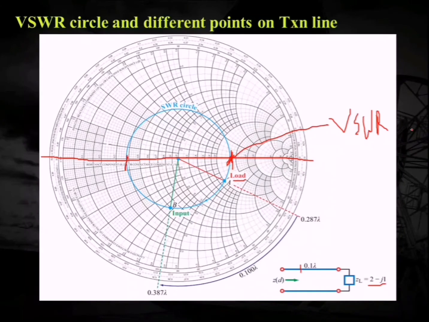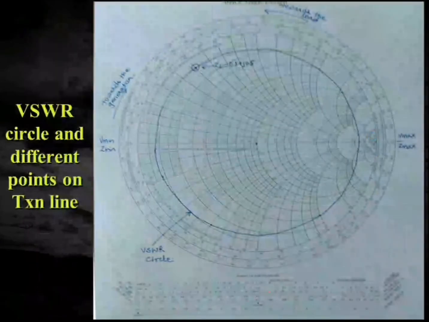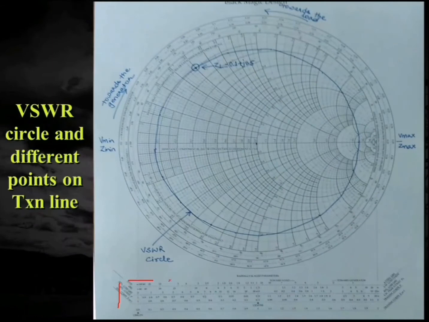We can obtain the value of VSWR by simply looking at the scale over here. In some of the Smith charts, you will find that a scale is there at the bottom of the Smith chart like this one. This scale can also be used to read the value of the VSWR.